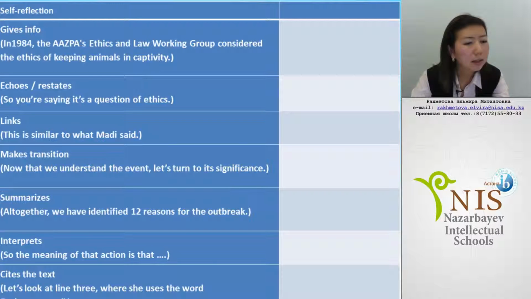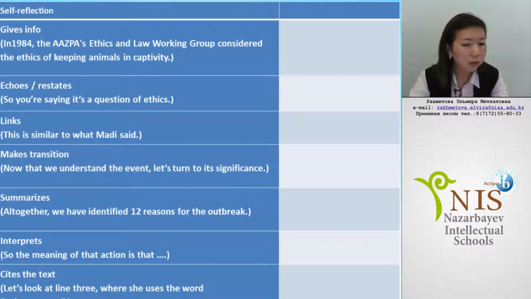The next is summarizing. Altogether, we have identified 12 reasons for the outbreak. Interprets. So the meaning of that action is that, so why do you think the author wants animals to live in their natural habitat?